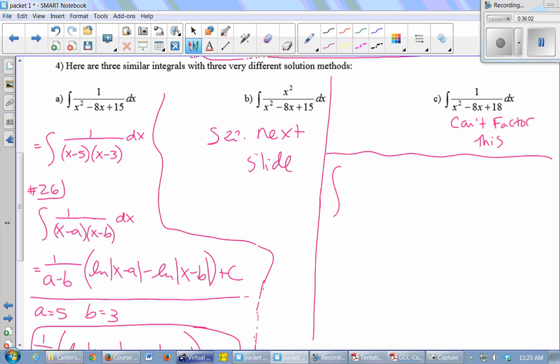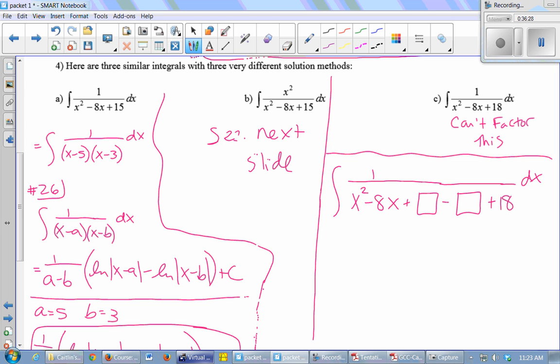So this is going to be the integral of 1 over x squared minus 8x. And then completing the square basically means adding something and subtracting that same something. This is what makes it a fancy manipulation: I'm adding and subtracting the same amount, which means I'm not really changing this thing at all.